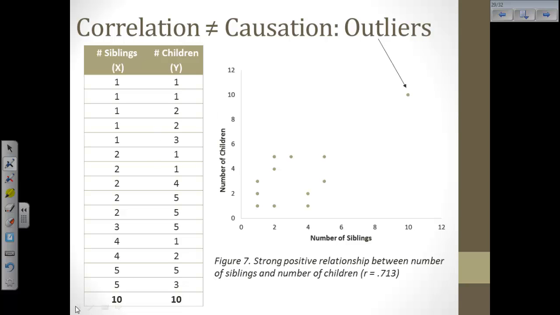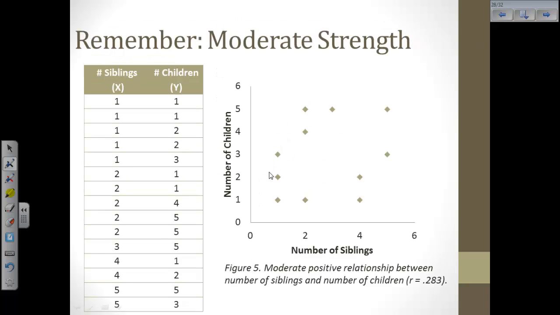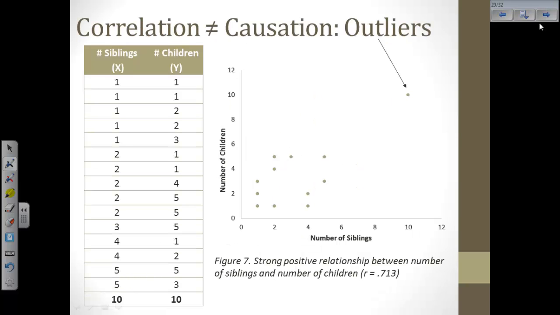Well, if you go back, if you drew a circle around this data, it's a pretty wide circle and you can kind of tell, yeah, it's positive. But if you do that here, if you drew a circle around this data, it becomes a lot more narrow because of this outlier. So closer to fitting a straight line, so stronger, and it's clearly a positive relationship.